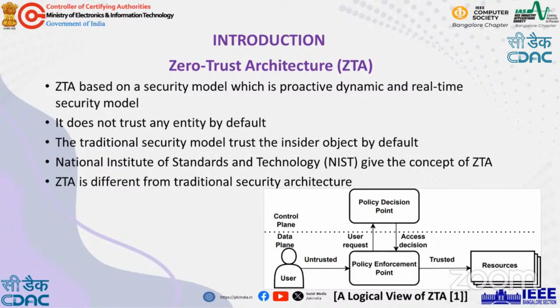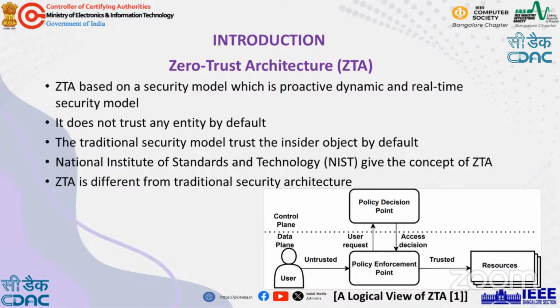The traditional security model creates a network perimeter and relies on that. So if any object is identified inside the network perimeter, it is trusted by default. And if any object authenticates to the traditional security model, it can use every resource of the network and get access for a long time period.